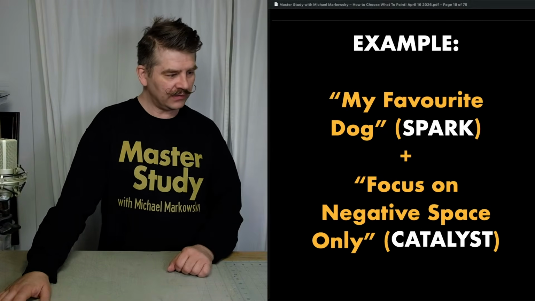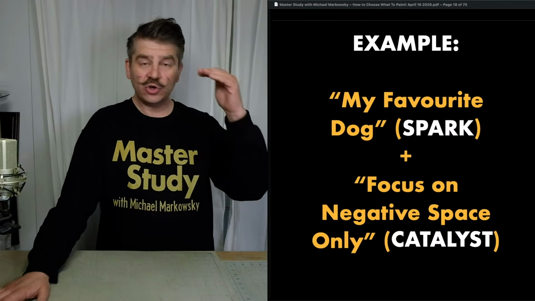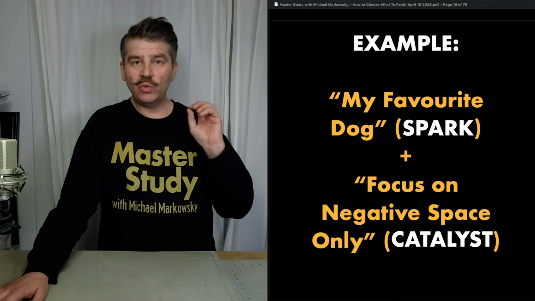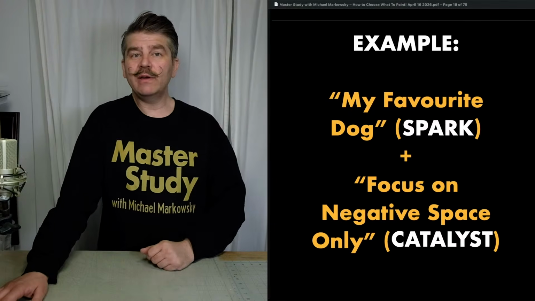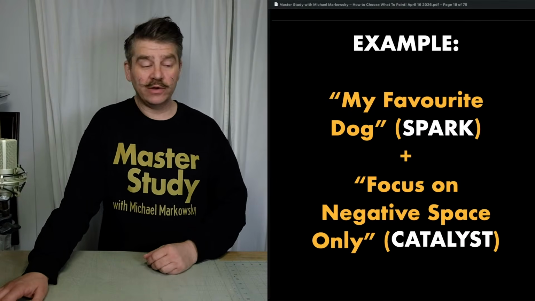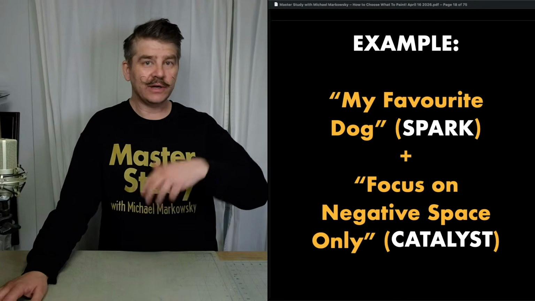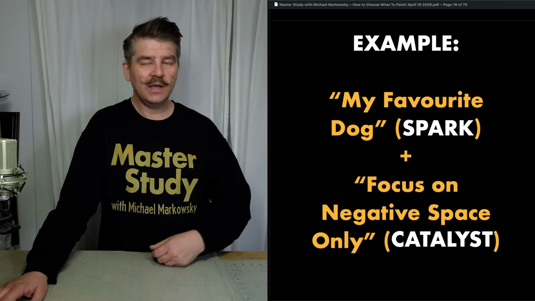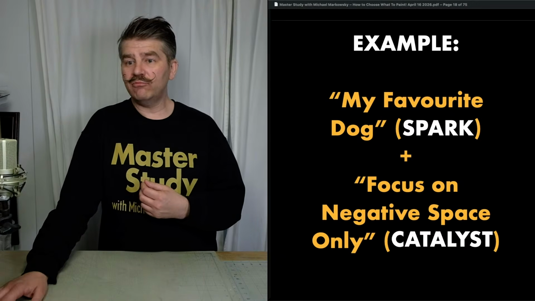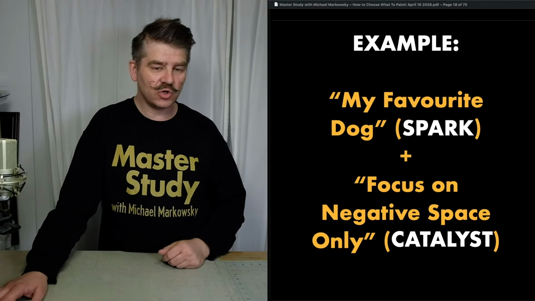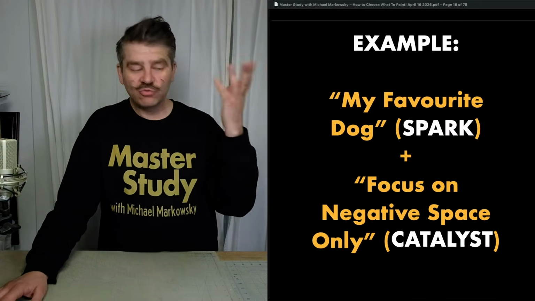So for instance, I'm going to show you a big list of catalysts here in a moment, but we could just pick something random, like my favorite dog, right? It could be a specific kind of dog. It could be Border Collie or Pomeranian or Husky, or it could be a dog from a cartoon, a TV show, or a dream.